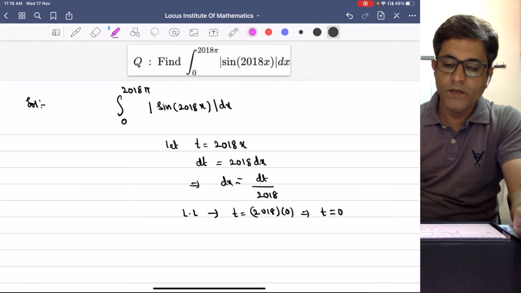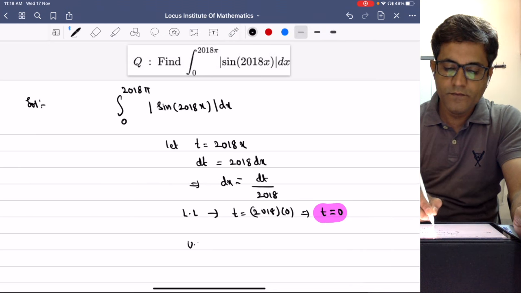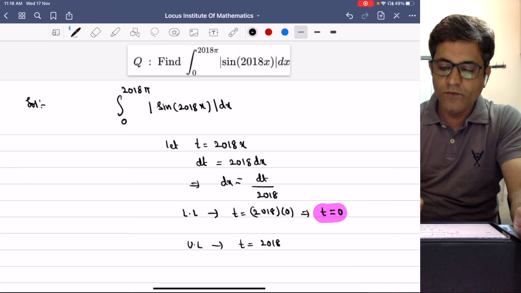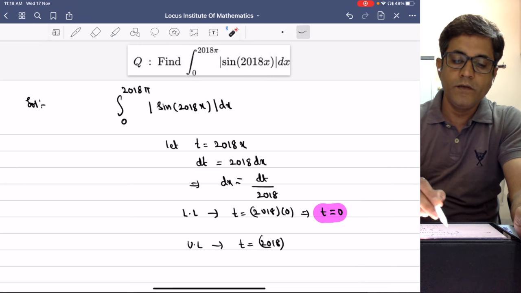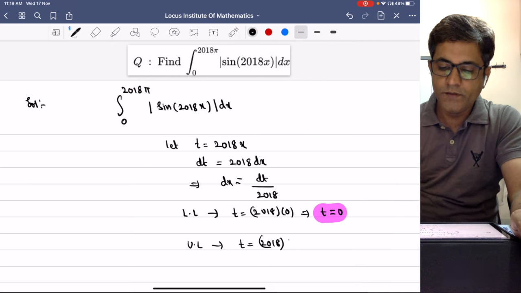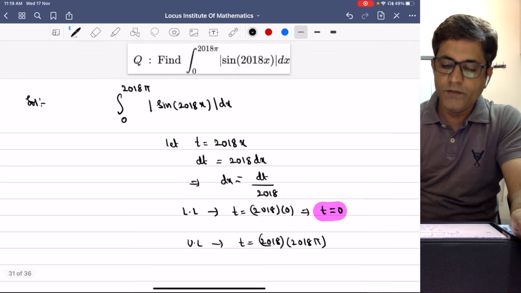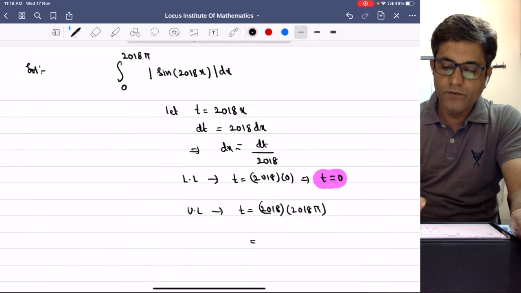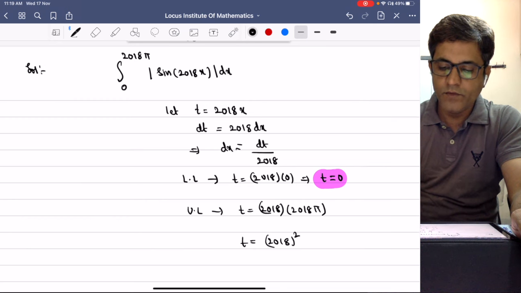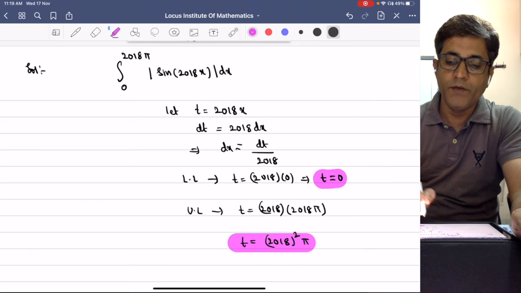Next, the upper limit: here the upper limit of x is 2018π, so t equals 2018 squared times π. So this is the upper limit.